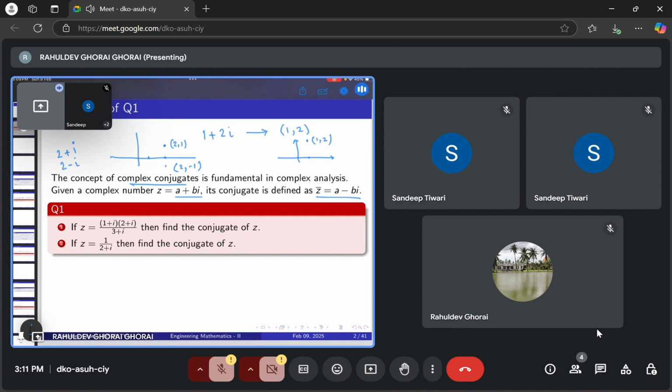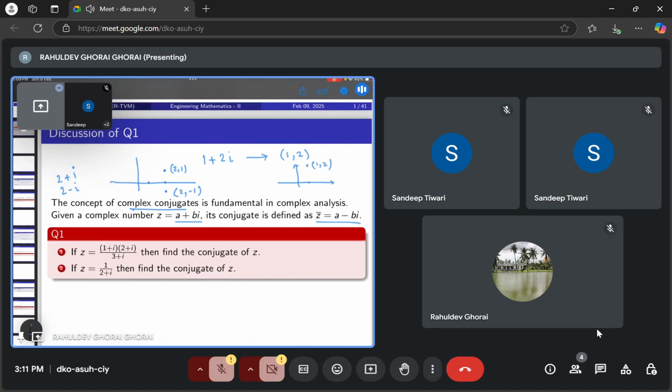So the complex conjugate is a reflection along the x-axis, right? The conjugate of a complex number is nothing but the reflection through the x-axis.